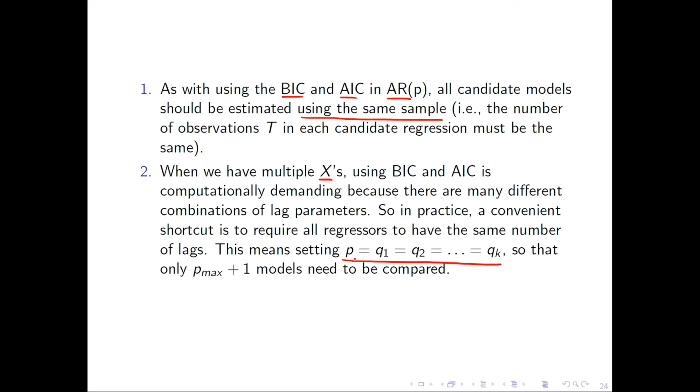This just means that the lag length of the y variable is until y_t-p, and the lag lengths of the x variables are also up to the t-p lag, and this is equal for all the variables. This means that you don't need to estimate as many models to find the optimal lag length with the Bayesian and the Akaike information criteria.